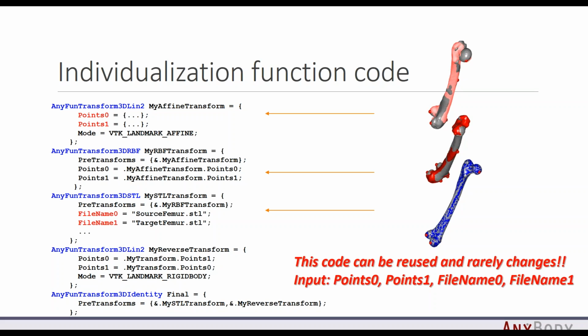And just to reiterate again, this code can be reused and it regularly changes. And the only input to this code is the two sets of landmarks and file names.